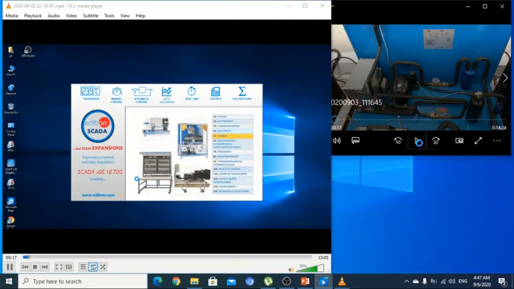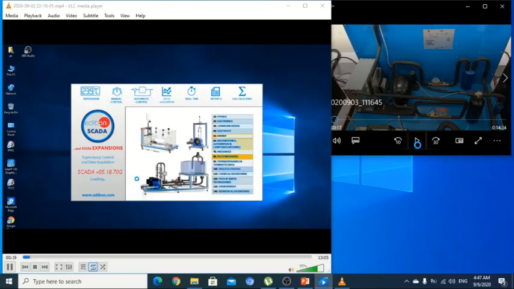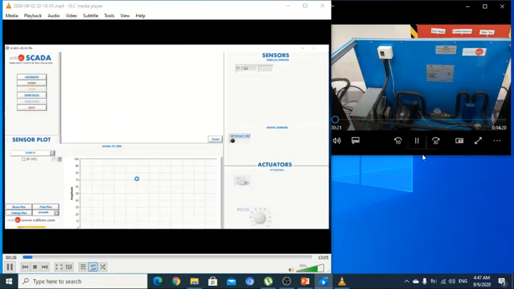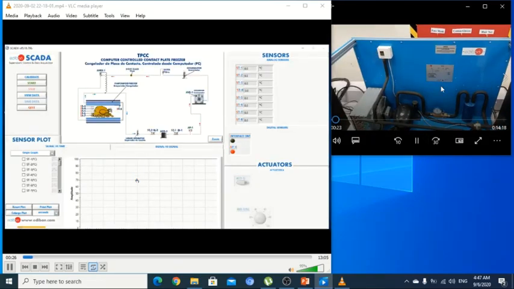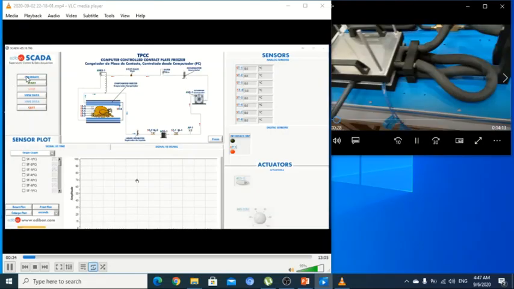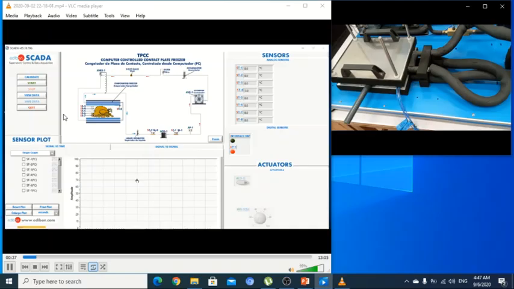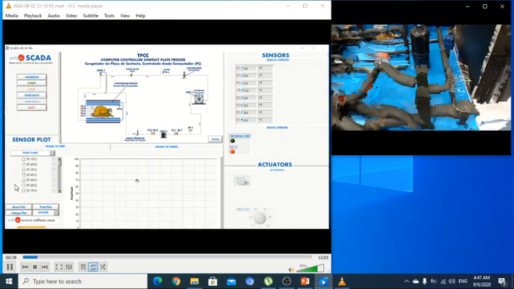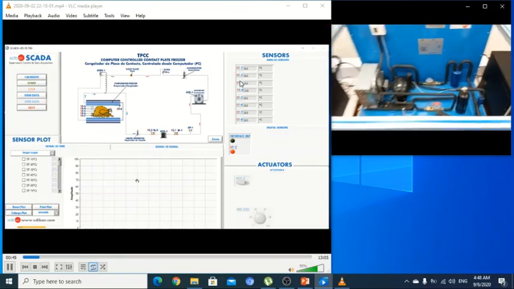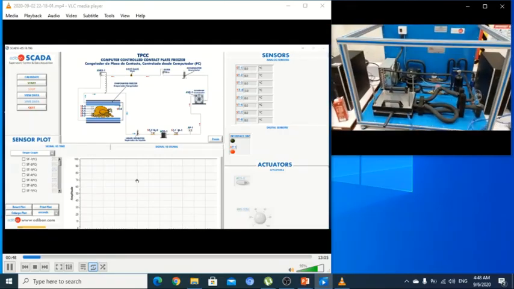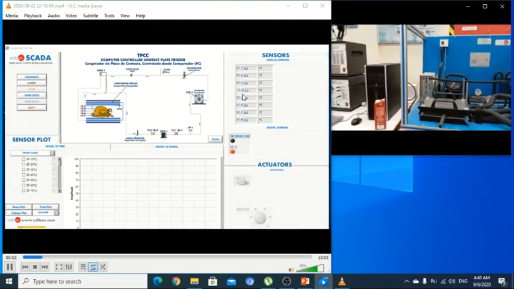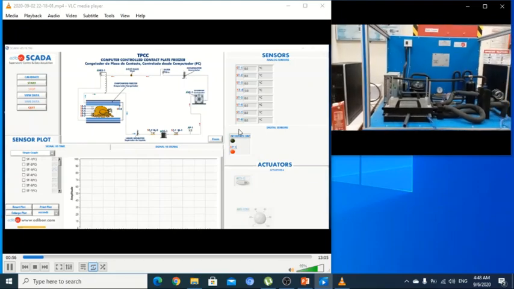So first of all, we will run our software. Okay, here you can see clearly the diagram of our TPPC, and this is the software which has the same layout as we have in our SSPC. So here the important parameters are ST1, ST2, which are present at the discharge and suction line. Then ST3, ST4, ST5, ST6, ST7 and ST8.